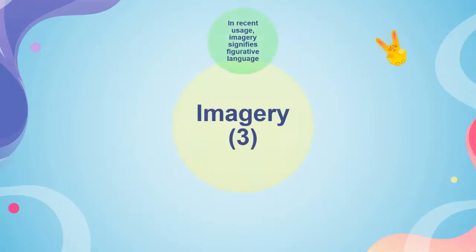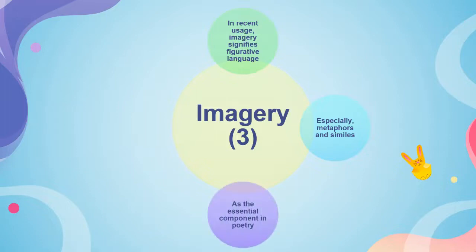And the third usage of the term is very general, relating to figurative language. In recent usage, imagery signifies figurative language in general. When you use figurative language, especially metaphors and similes, it is called imagery. So it is not necessary just to use visualized words or visualize something with the words. If you use a metaphor or simile, it can also be imagery, an essential component in poetry.